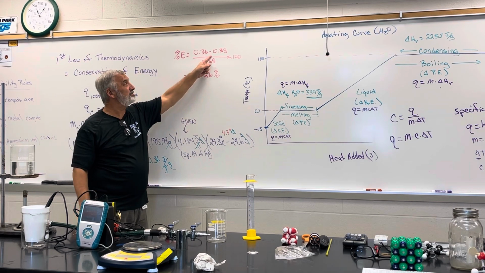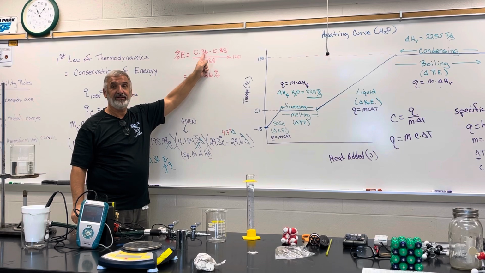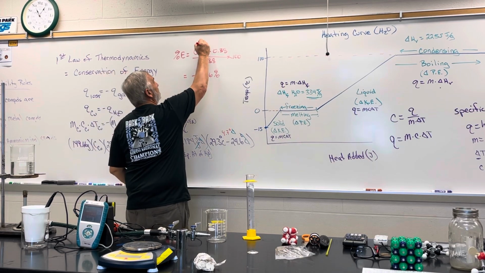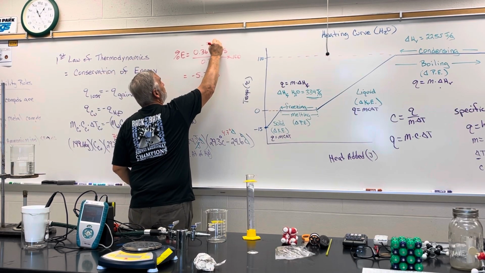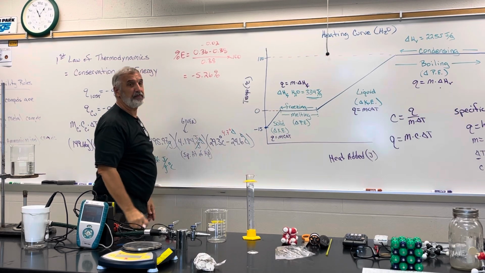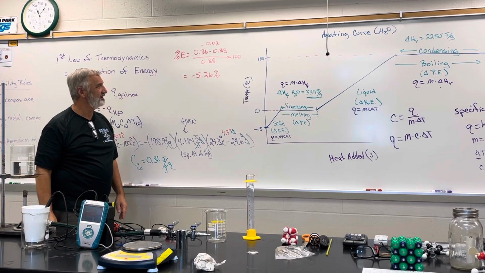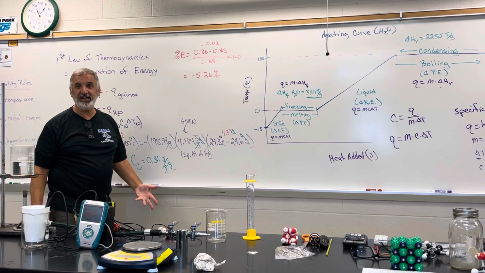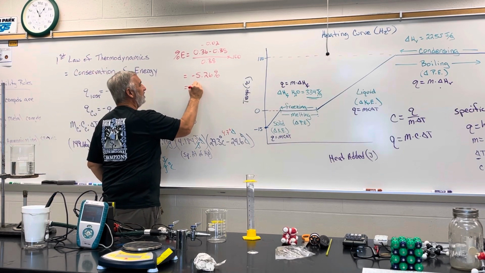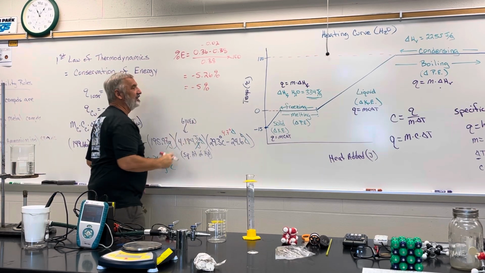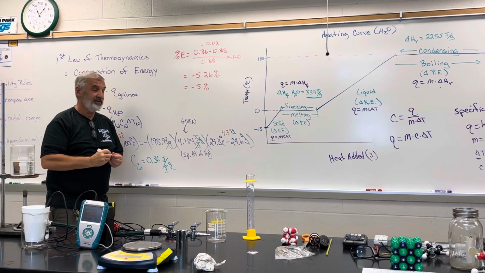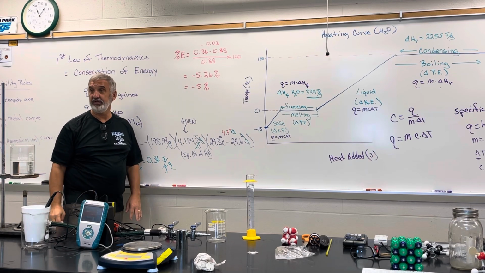What do you get when you subtract this? Negative 0.02. How many sig figs is that? Only 1. So you're going to say negative 5% error. Now the reality is that that's really pretty good.